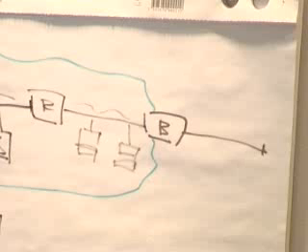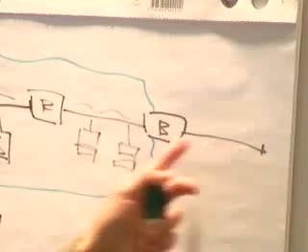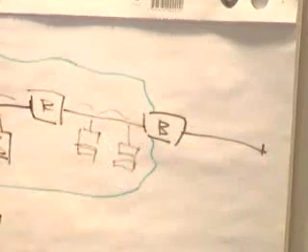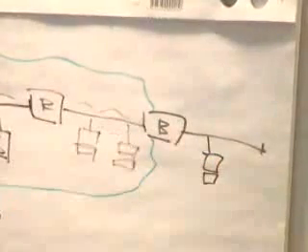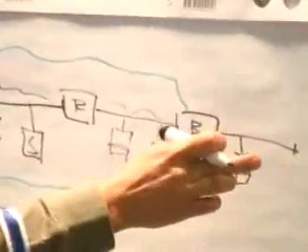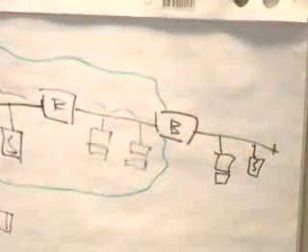It can go into the frames and find out which MAC addresses are on this side and which MAC addresses are on this side. And it's only if it needs to go from here to here that it will send it from here to here. If it's going from here to here, I don't need to send it out here, right? So the bridge won't do it. It will only send data if it needs to go to the other side.